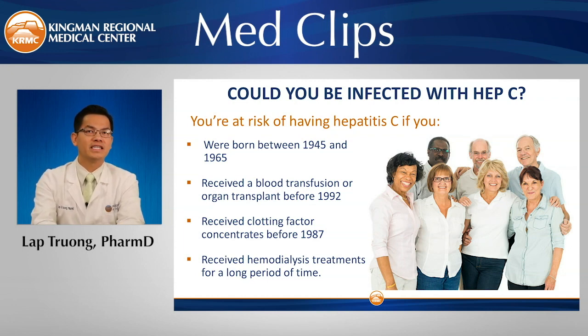Before 1987, the blood was not screened appropriately before it got used by the next patient. People who receive hemodialysis treatment for a long period of time can also be at risk of catching hepatitis C, once again because of the equipment, so make sure it's sterile and that aseptic technique is used when they give hemodialysis.